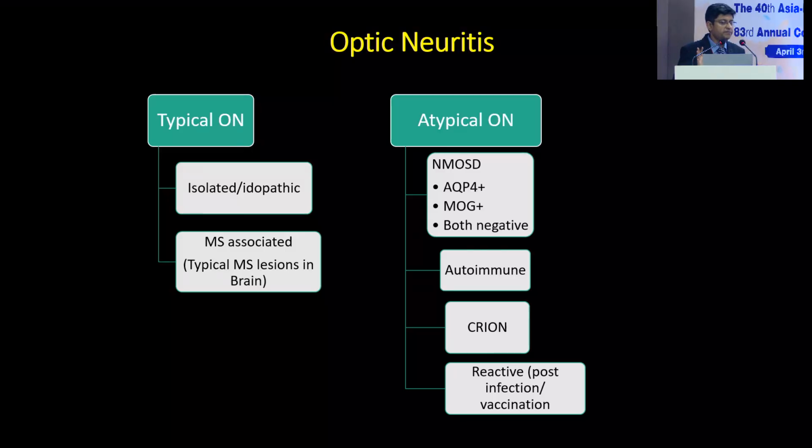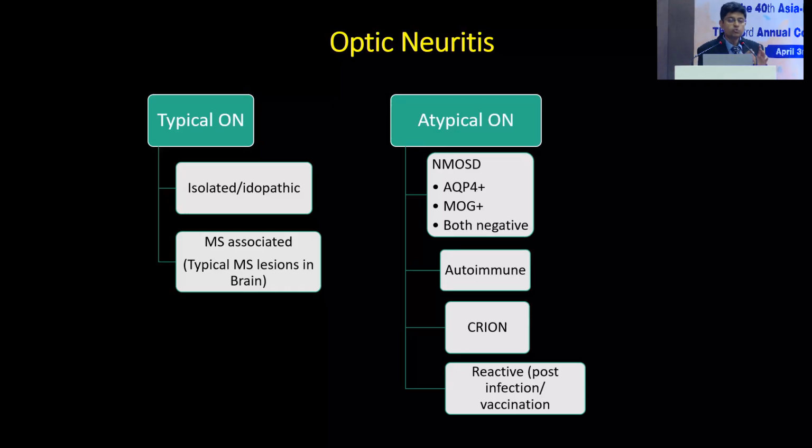The importance of separating these two into typical and atypical is more to do with the etiology than anything else. We know that most likely, again there are no rules, a typical presentation may be demyelinating or idiopathic isolated.